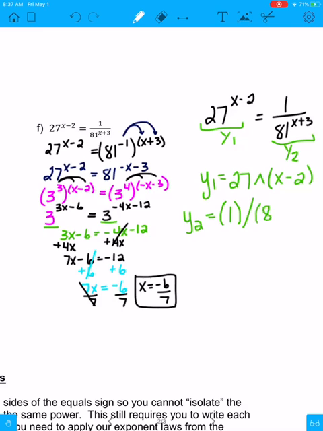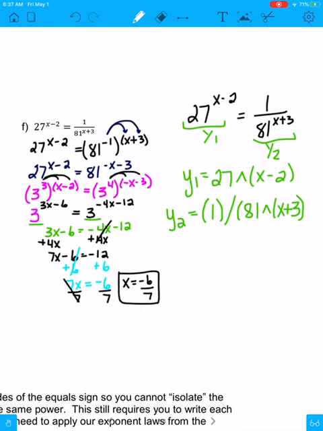Bracket 81 to the power of x plus 3 bracket. Now I technically don't need the 1 in brackets, but I like putting my numerator in brackets divided by denominator in brackets. Okay, then I do second trace 5.